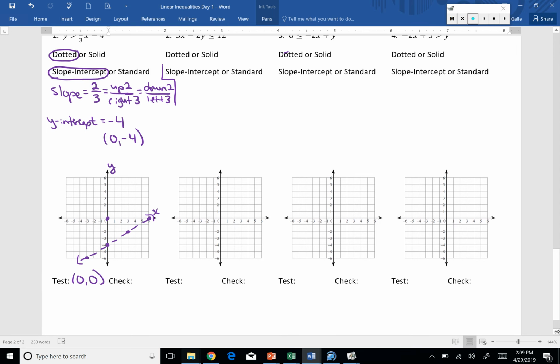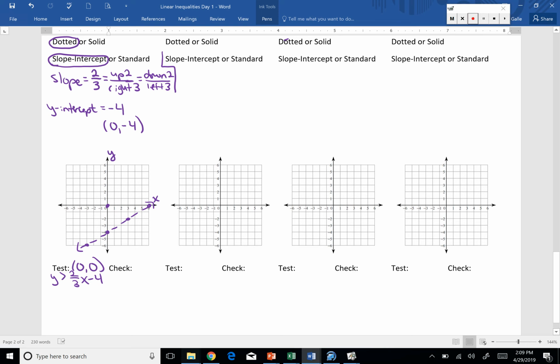So here's how we test. We have y is greater than 2/3 x minus 4. So in for the y, I'm going to put a 0. In for the x, I'm going to put a 0. So just like we started with those top 4 problems, I have an ordered pair.